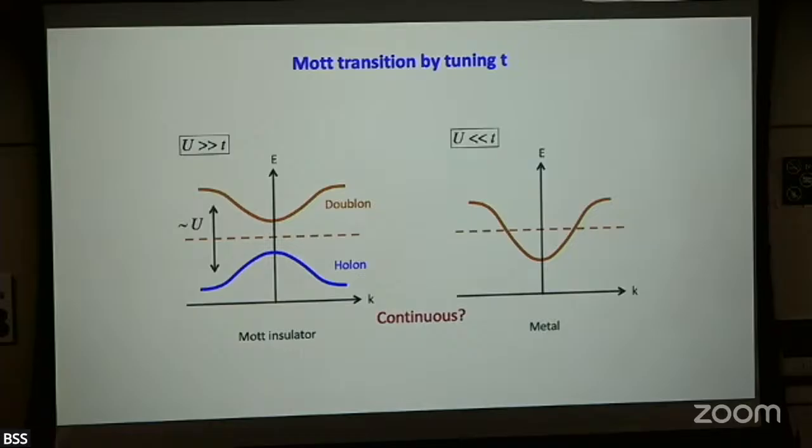If we tune U over T, at some point you'll get to the metallic state. So this gives us the opportunity to continuously tune this parameter, U over T, and to look at this transition. Is this first order as Mott initially thought, or could this be a continuous phase transition?